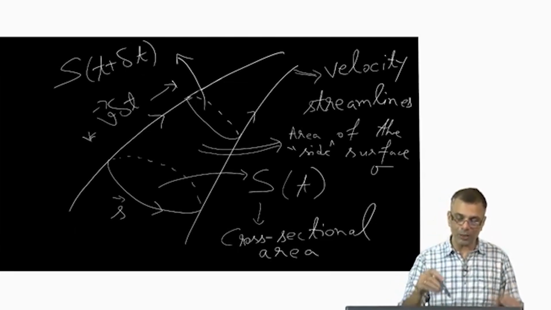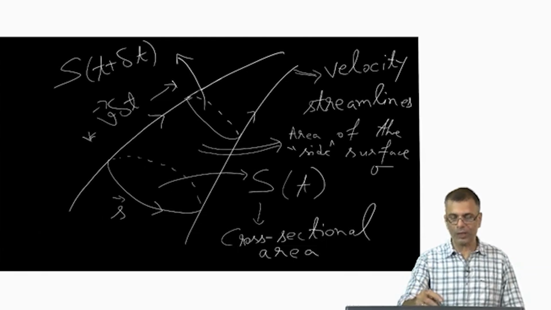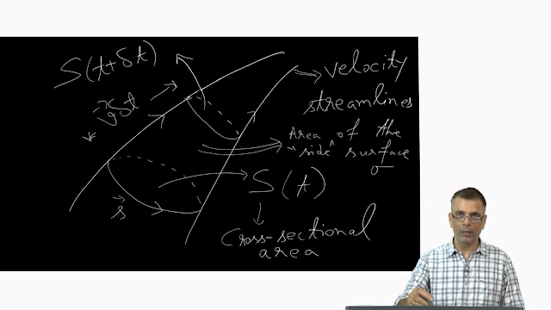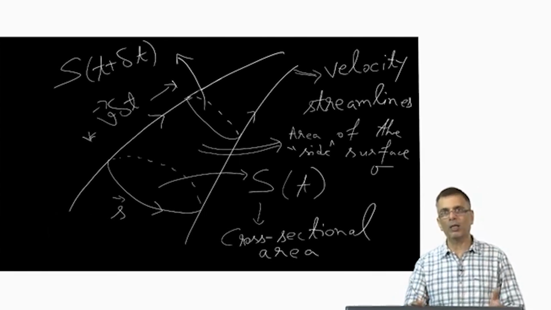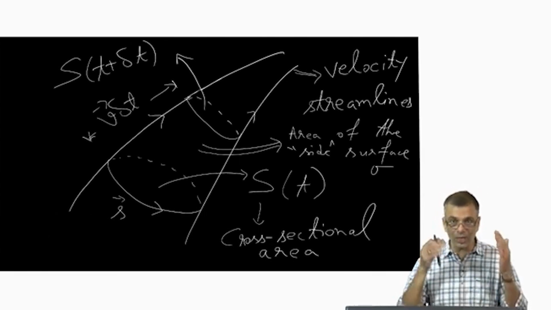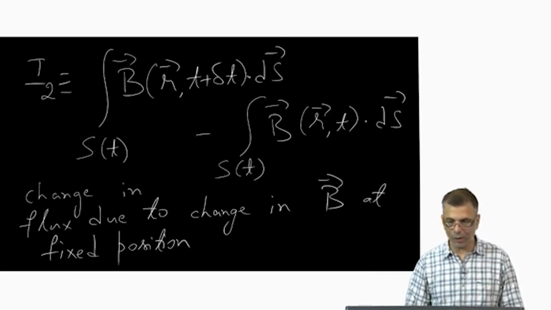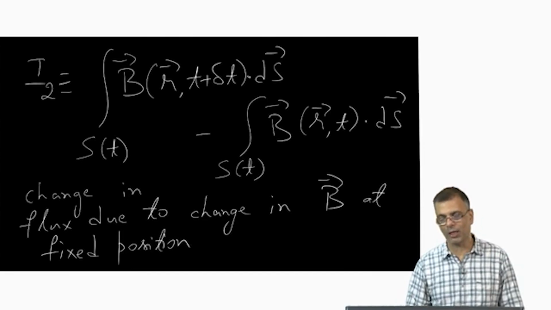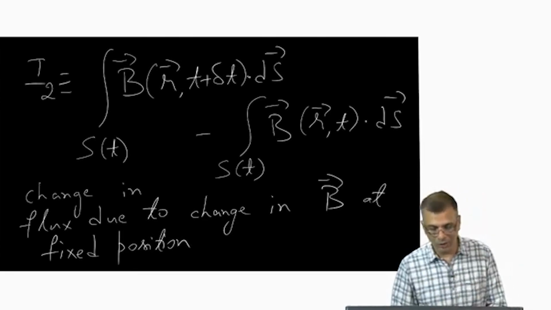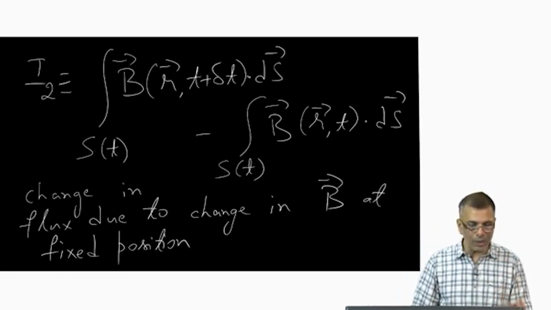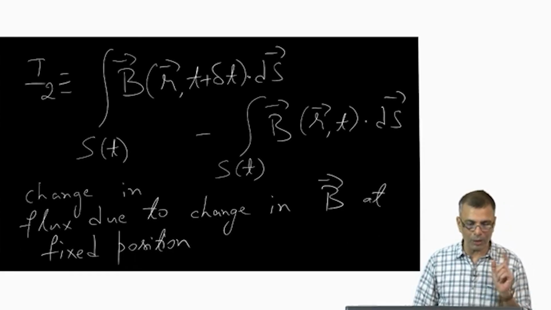So what I am doing is keeping the loop position fixed, and calculating the change in flux through the same loop due to the change in magnetic field. The magnetic field is one value here and another value here. Simply due to the change in magnetic field, I am trying to see what the change in flux is.